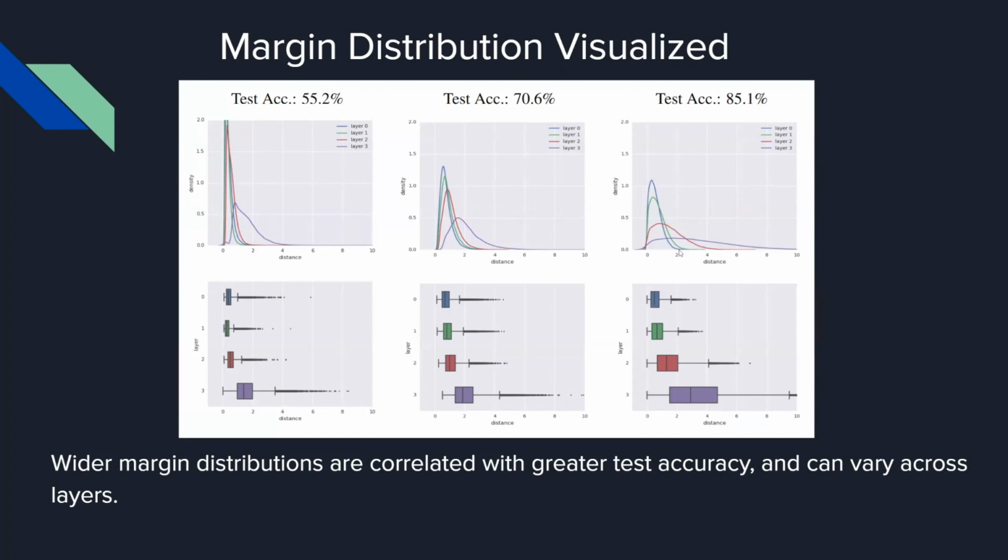When the distributions are thicker, the test accuracy is greater. You can think of these margin distributions or internal decision boundaries as self-correcting, since they are the furthest away from the training points, so that if there's any jiggle in the training points, they will still be captured by the decision boundary. But basically, thick is good.